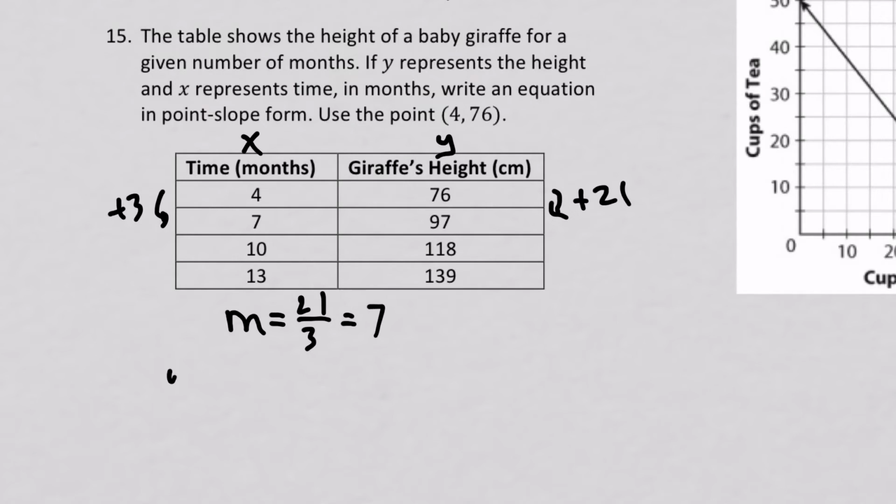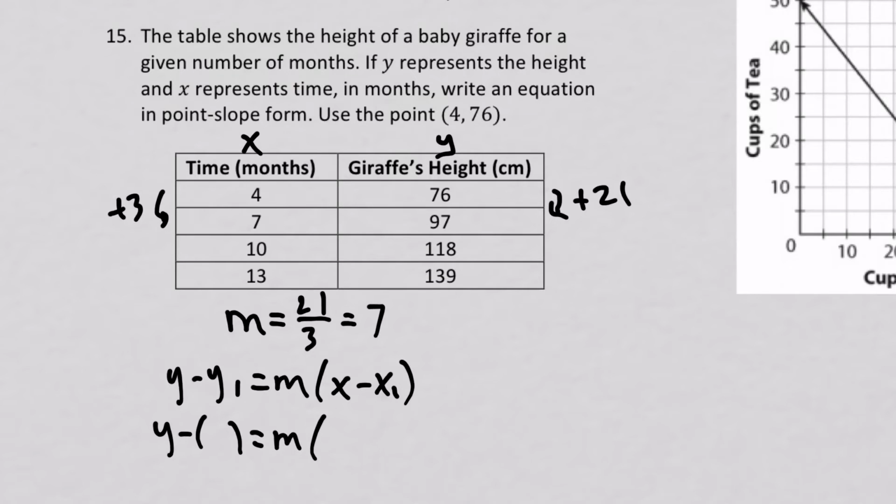And then from there, you just substitute it into the point slope form. Okay, y minus y sub 1 equals m times the quantity x minus x sub 1. And I'm going to plug in something for y sub 1, and I'm going to plug in something for x sub 1 right there. And what am I going to use? They told me to use this point (4, 76), so I have to use that one.